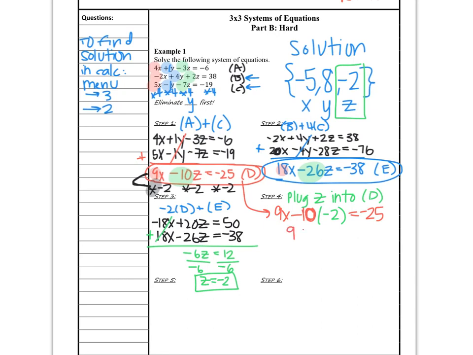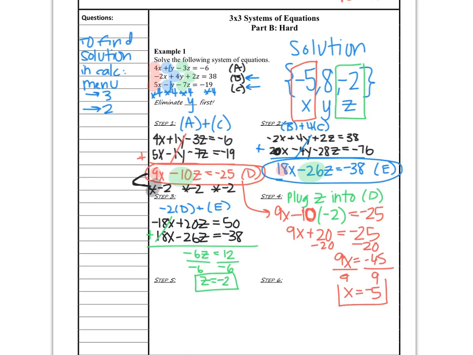All right, so 9x plus 20 equals negative 25. This is just simple solving, so I'm going to go through it very quickly. X equals negative 5 is what I'm finding. When I come back to my solution, woohoo, we did it again. All right, we're doing a great job so far.